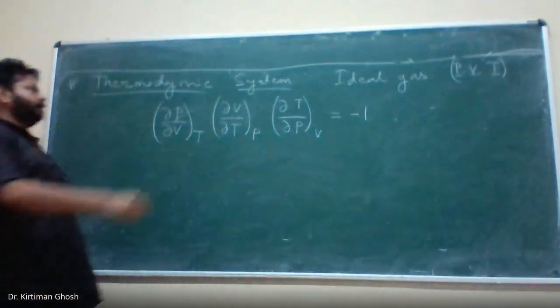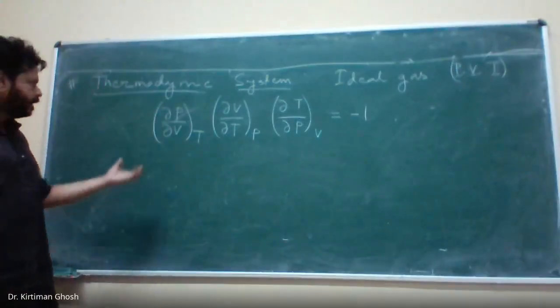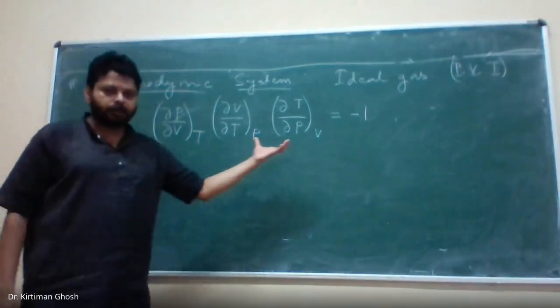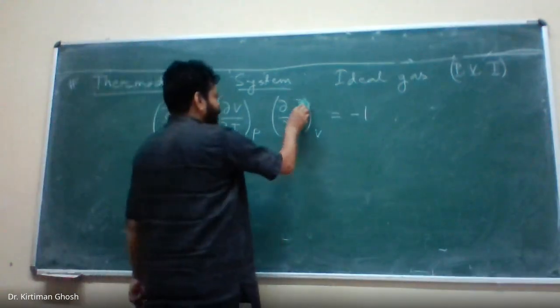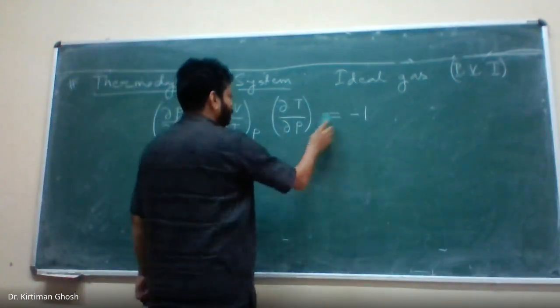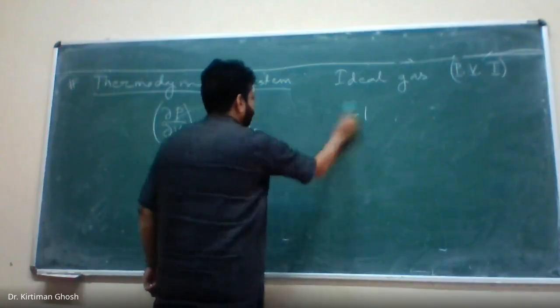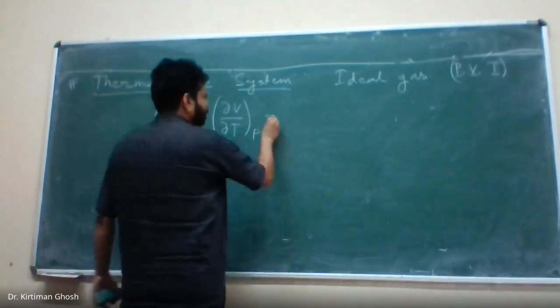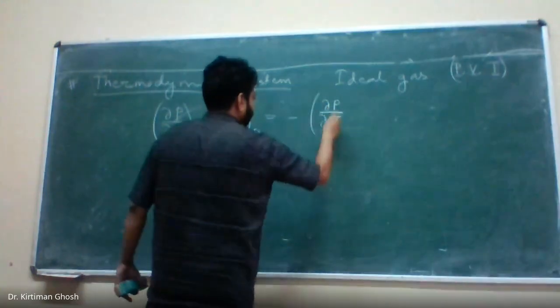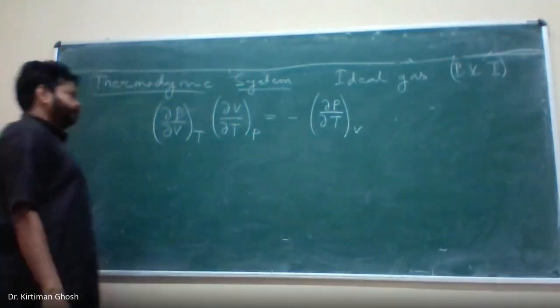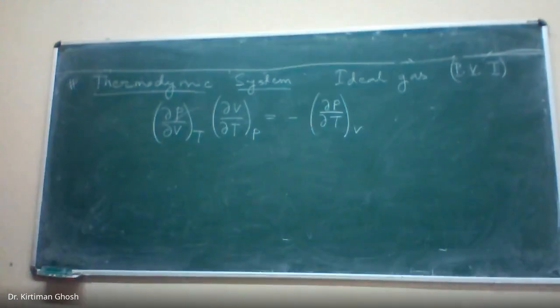I find it easier to remember the relation in this form. Now you can invert this: you can take del T by del P at constant V to the other side. So this will be minus del P by del T at constant V. This is the relation you know for an ideal gas.